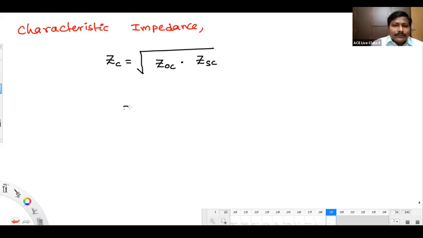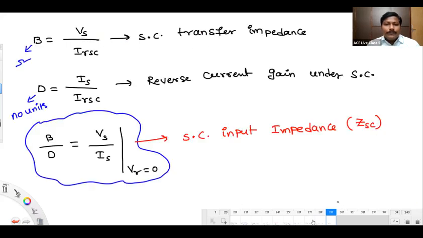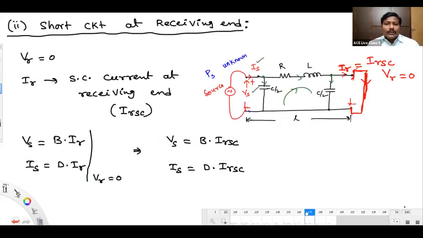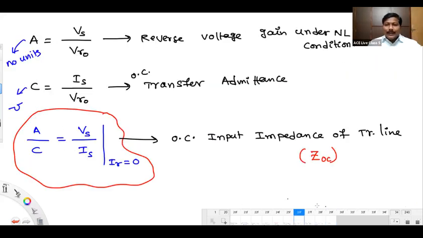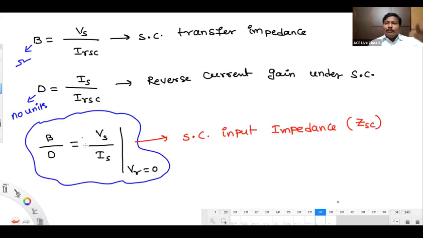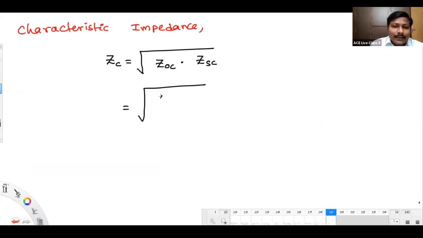This you can write as square root of ZOC, which is A by C, multiplied by ZSC, which is B by D. So A by C into B by D. This is one of the very basic formulas for the characteristic impedance of a network.